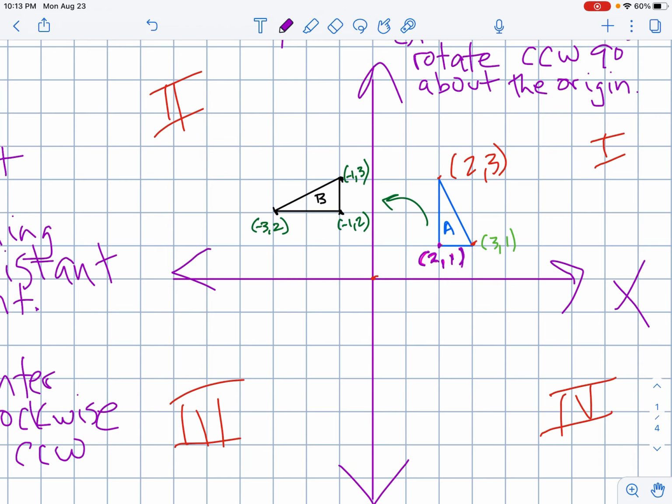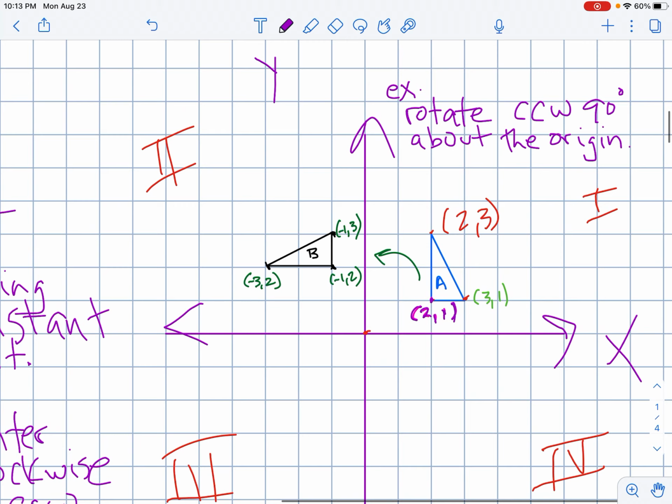So if the coordinates are 2, 1, instead of rotating my paper counterclockwise 90 degrees, I rotate it clockwise 90 degrees and pretend my x-axis is actually up here now.